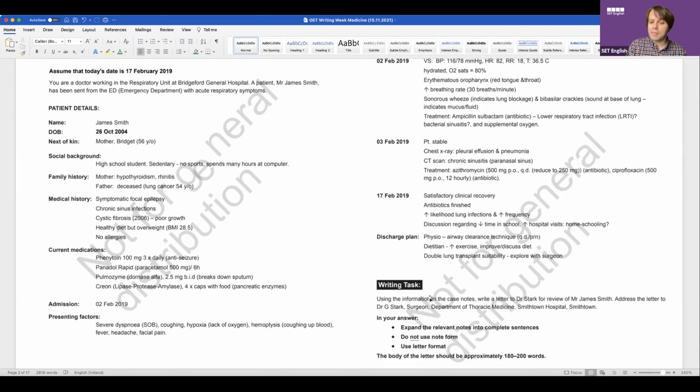Well, look, but he's got to assess him to see whether he can do a double lung transplant. Don't you think he should know that he's made a satisfactory clinical recovery? I thought this is not relevant to the surgeon.